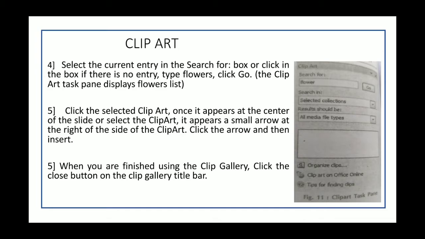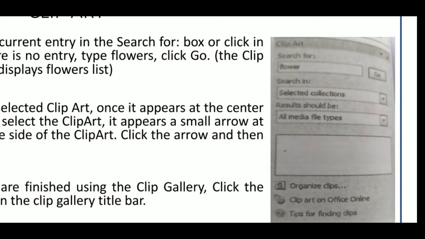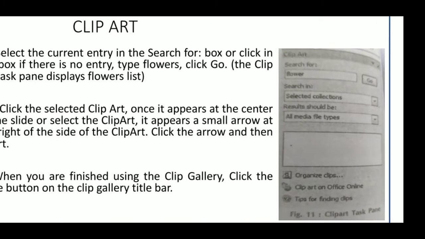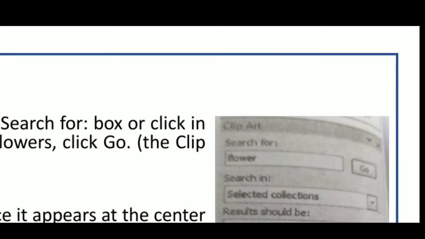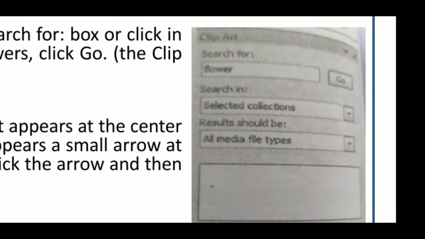Type flowers, click Go. See here, whenever you click on clip art, you will get this clip art task pane. In this, the Search for option is there. If you want to include any flower pictures, you can give flower.